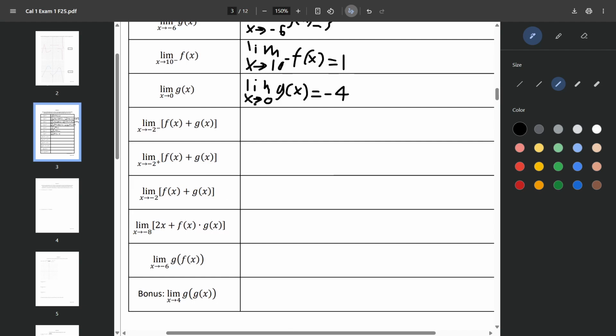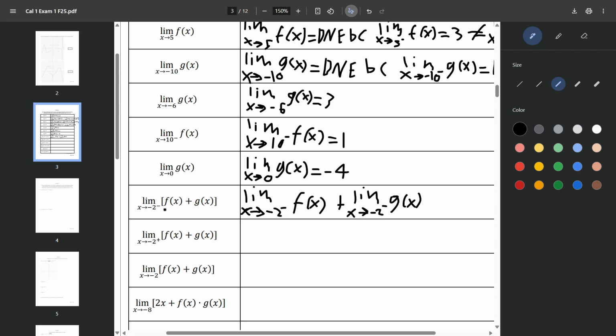And so we're going to rewrite this question as limit of x approaching -2 from the left of f of x plus limit of x approaching -2 from the left of g of x.